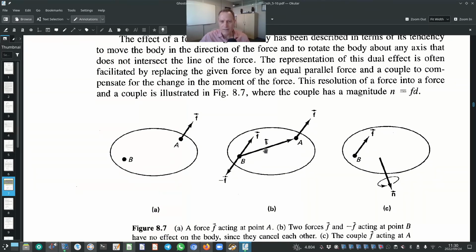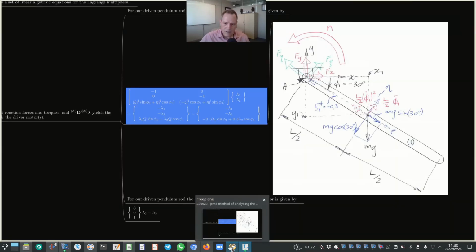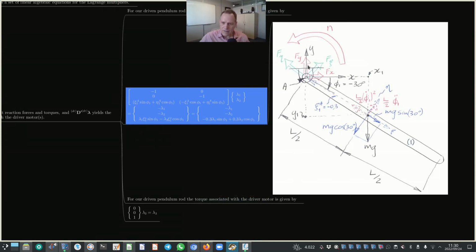Then the net effect is exactly the same between figure 8.7a and 8.7c. And this is what happened over here. The original force in component form acted on body 1. We replaced them with equal and parallel forces at the C of G plus a couple.